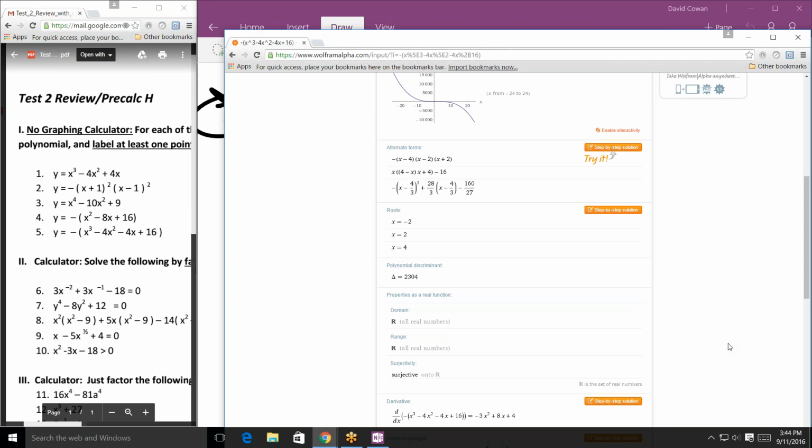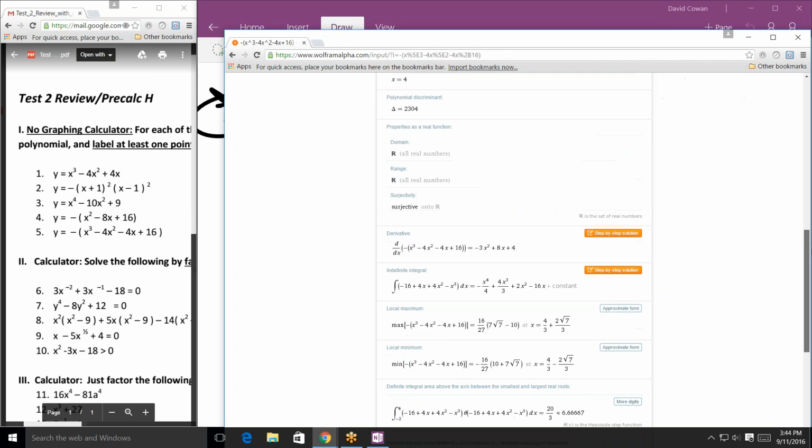And you can get that from your TI-84, but you have to go into trace, request zeros, and you have to hit about 10 different key strikes to get the zeros. So the zeros that Wolfram Alpha gives you are pretty key.